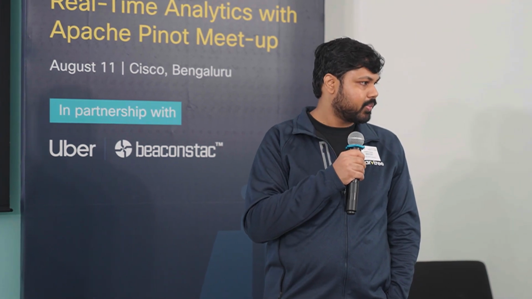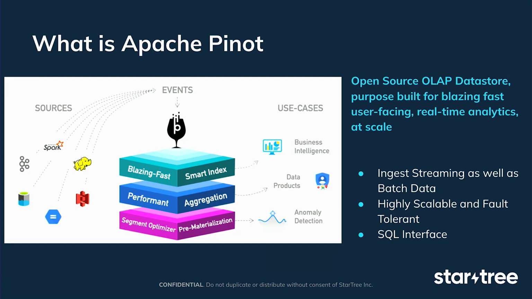So first, let's focus on the use case of Apache Pinot. Apache Pinot is a real-time, low latency analytical database. What do I mean by that? First of all, it's an OLAP database. It's not an OLTP database.